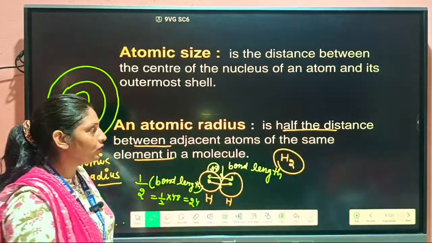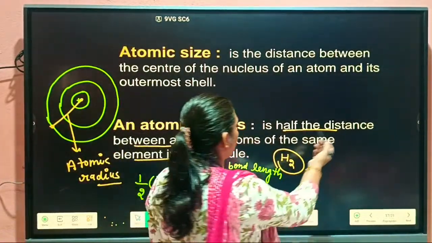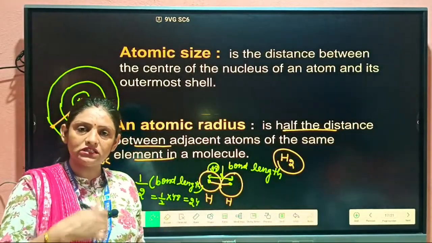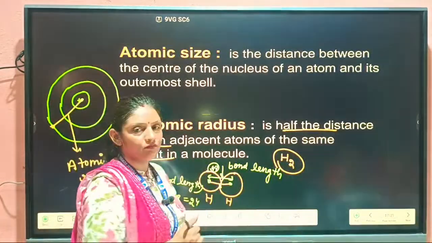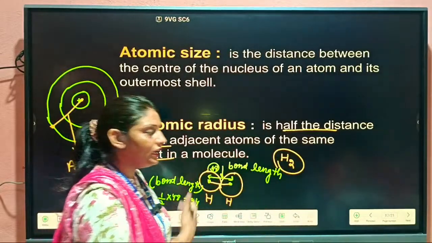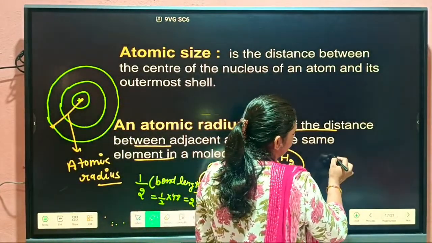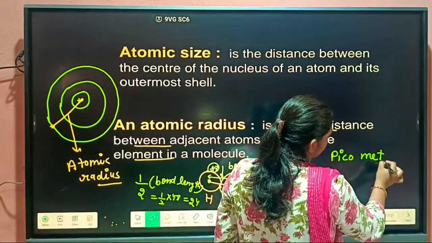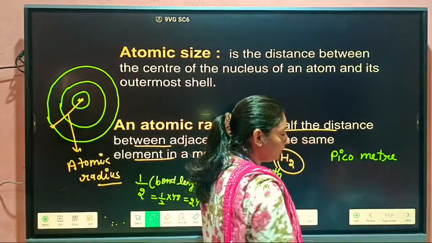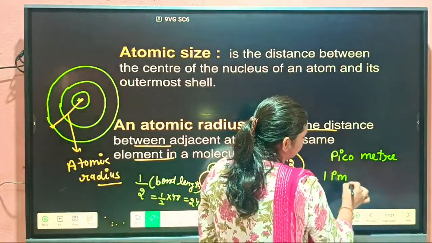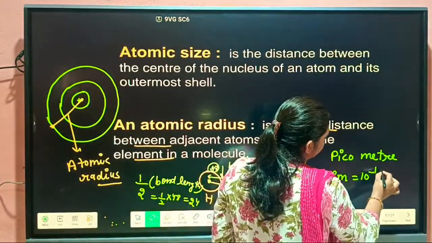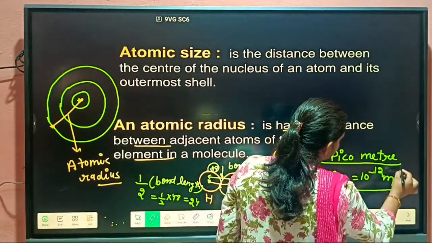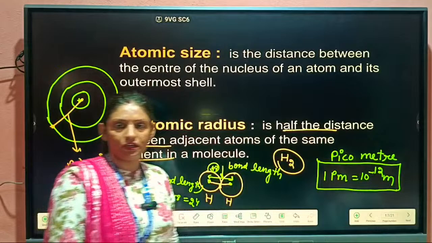If we have a molecule, then the atomic radius is half of the distance between two adjacent atoms of the same element in a molecule. We measure the atomic radius in picometer. 1 picometer is equal to 10 raised to power minus 12 meter. So atomic radius is expressed in picometer.